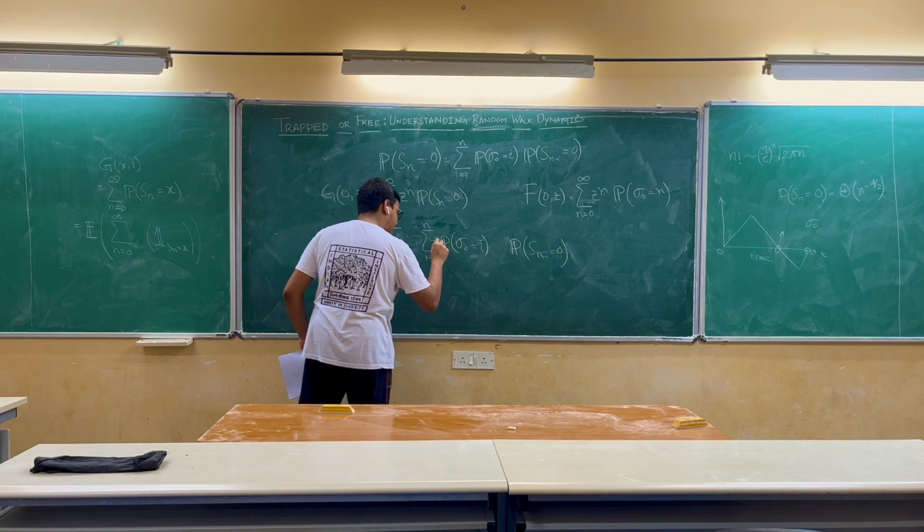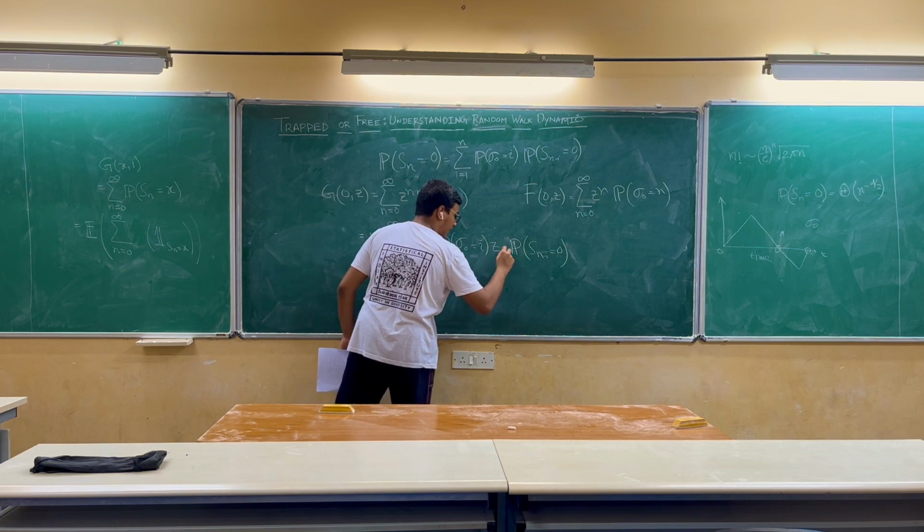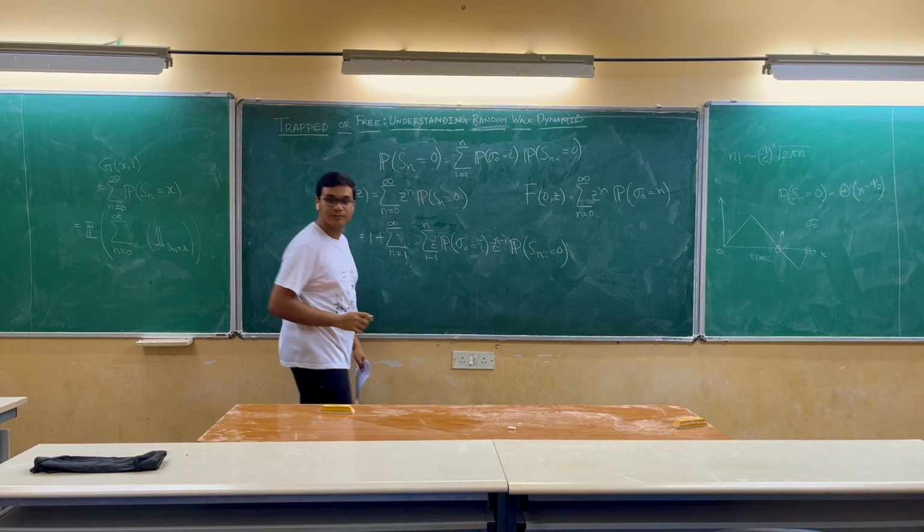Okay. Now let's take this z to the power n inside. We can write here z to the power i, and here we can write z to the power n minus i.